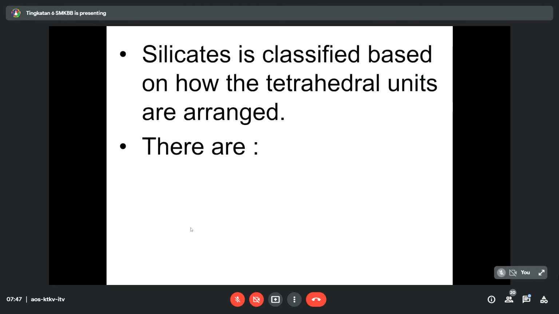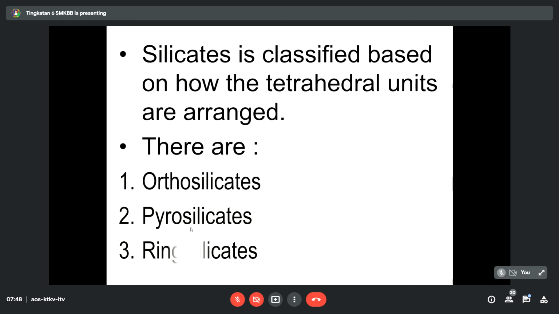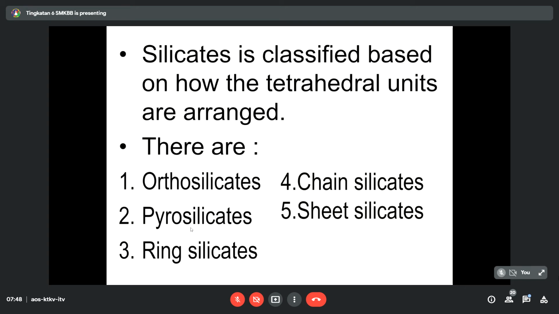Now silicate is classified based on how the tetrahedral units are arranged. So there are 6 different types. You get orthosilicates, pyrosilicates, ring silicates, chain silicates, sheet silicates, and framework silicates.